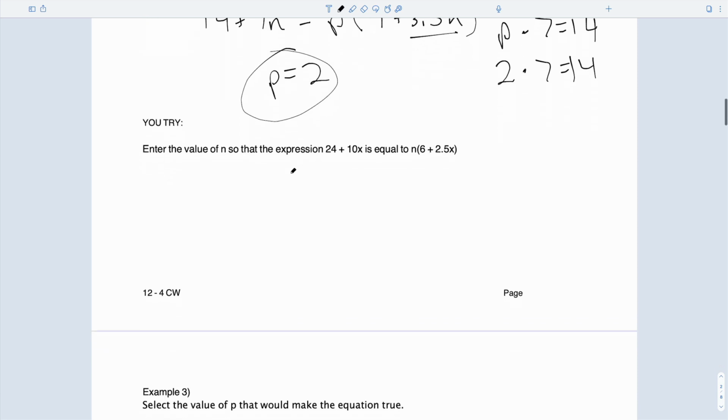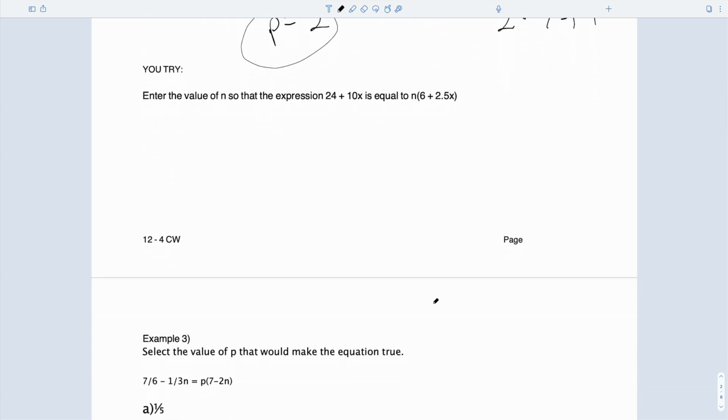Try this one in 30 seconds. Go. And raise your hand if you have the answer. 1, 2, 3, 4, 5, 6, 7, 8, 9, 10. Mackenzie, answer?